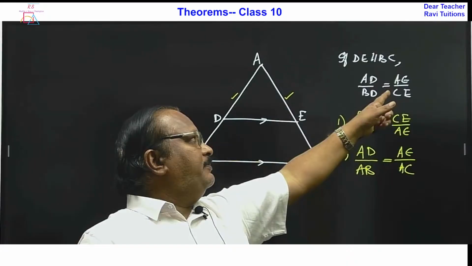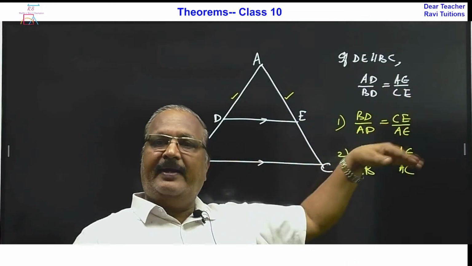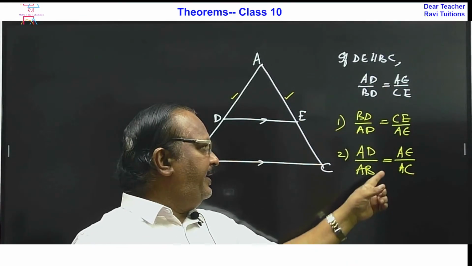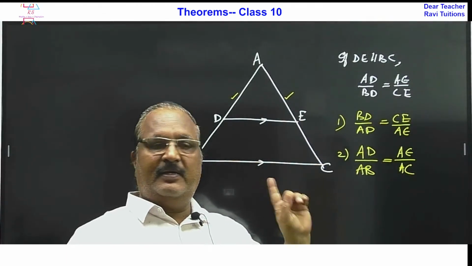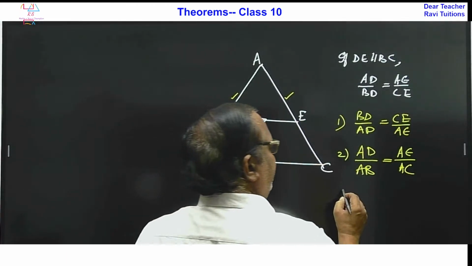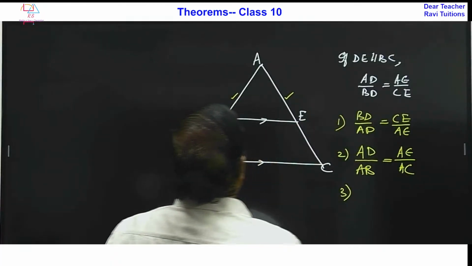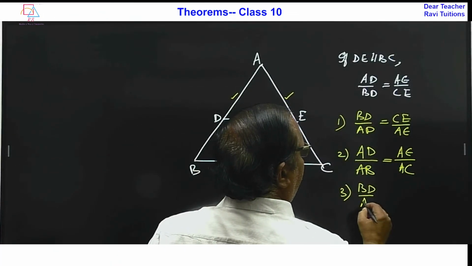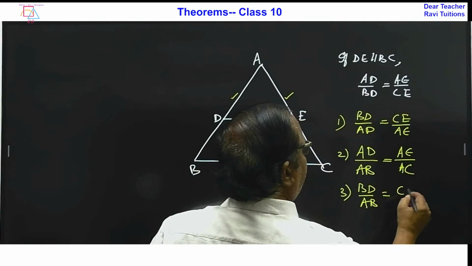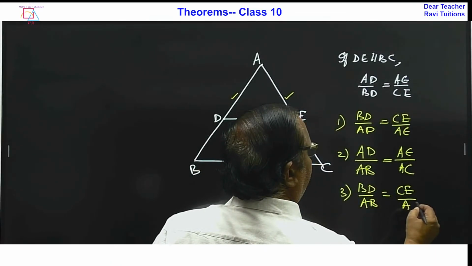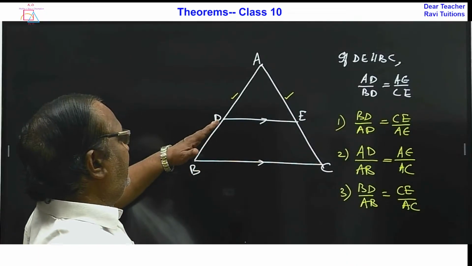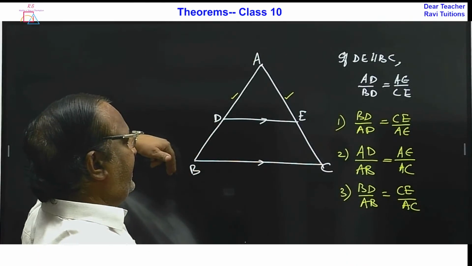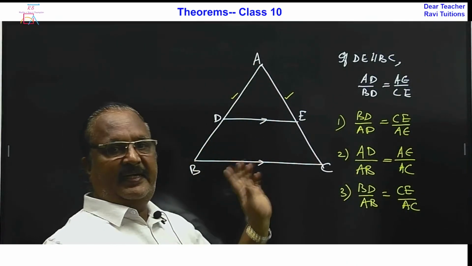Take the basic proportionality theorem, add 1 on both sides, and you will get this. I am going to prove it for you. One more thing: BD by AB is equal to CE by AC. That means the down part by the whole side, CE by the whole side.